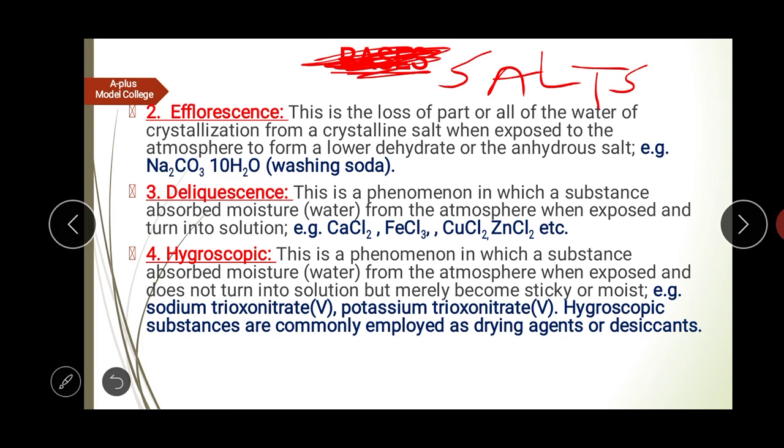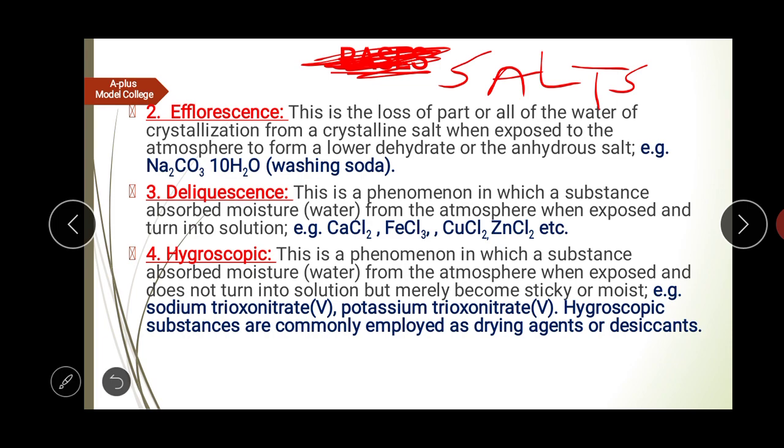An example of a hygroscopic substance is sodium thiocarbonate 4, potassium thiocarbonate 5. Hygroscopic substances are commonly employed as drying agents or desiccants. That's one thing I want you to understand. Most of them, like concentrated tetraoxosulfate VI acid, we use it to dry.